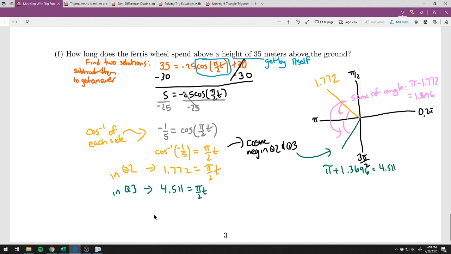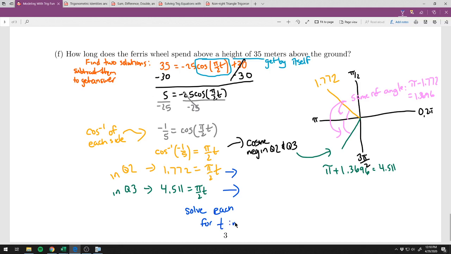Now that we've gotten our angles for each, now we can solve for t by multiplying by the reciprocal for each one, multiplying by 2 over pi. Right, because we're trying to figure out actually how long we're spending. Now we're not trying to figure out the angles specifically. We want the t values.